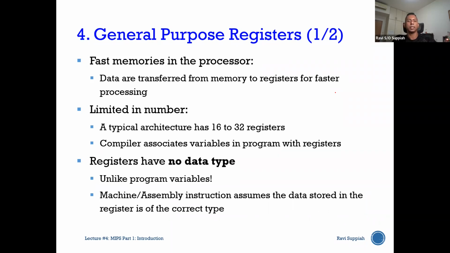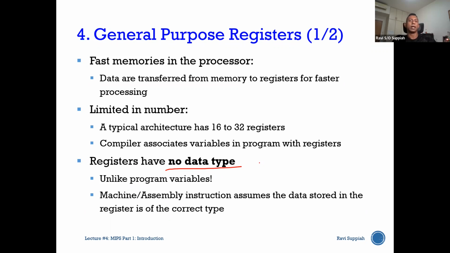The number of registers depends on the processor and the architecture you're dealing with. And the interesting thing is they have no data type. It is not an integer or a character or a float. A register is just a place to store ones and zeros.